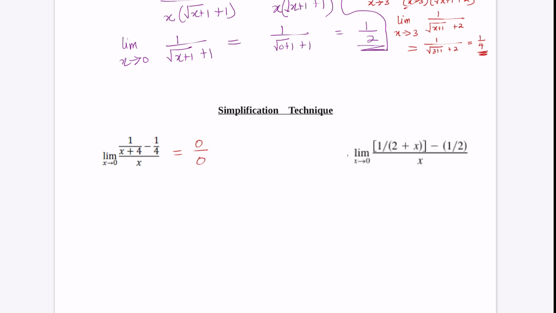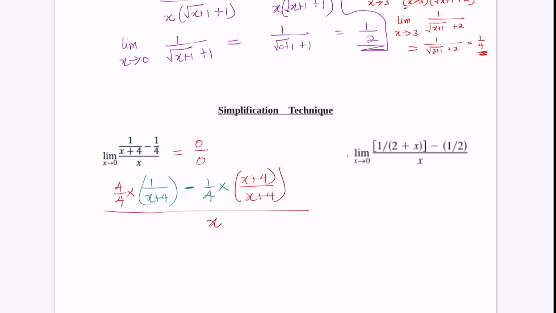And how do we apply the method of simplification? We simplify our numerator. A simple way to do this is to use the LCM by multiplying both sides by their denominator. So the first one, I will write as 4 over 4 times 1 over x plus 4, minus 1 over 4 times x plus 4 divided by x plus 4, and all this divided by x.